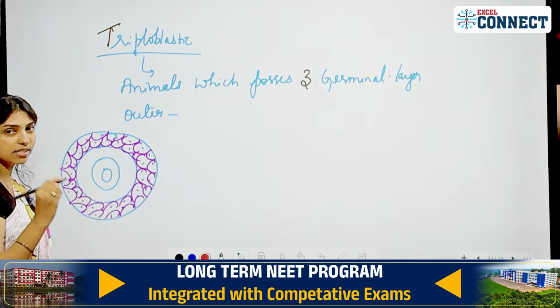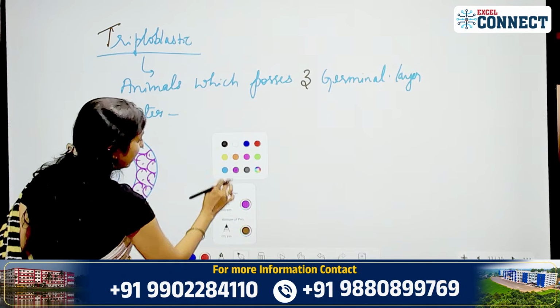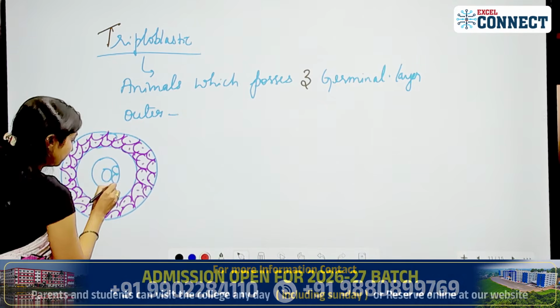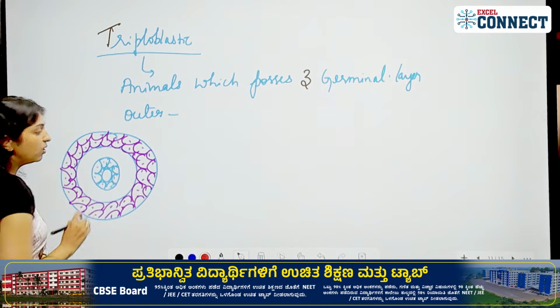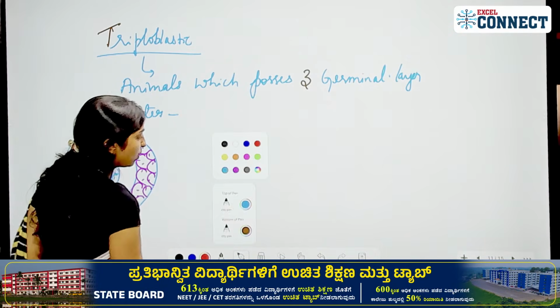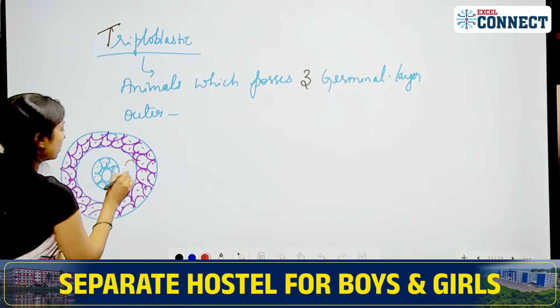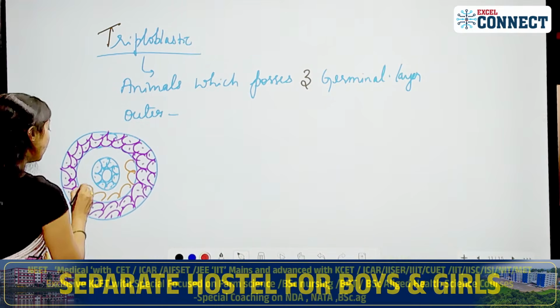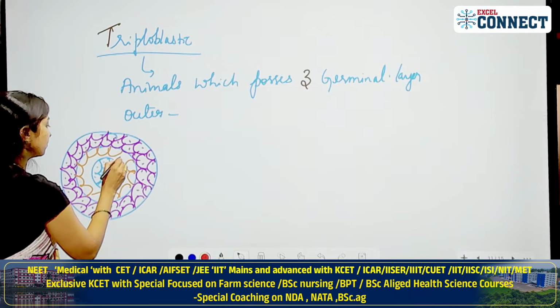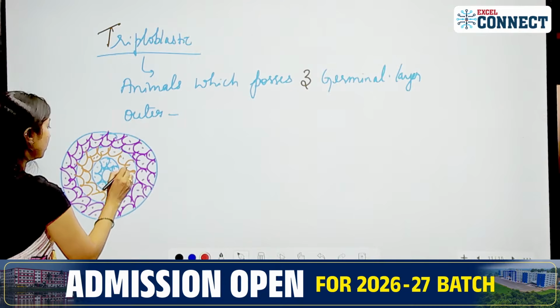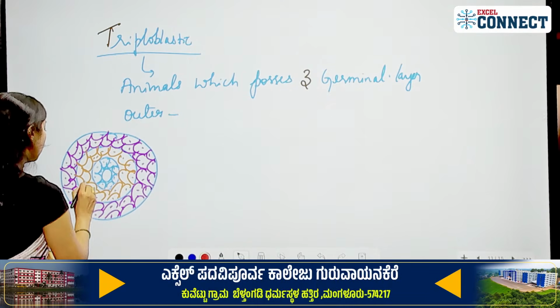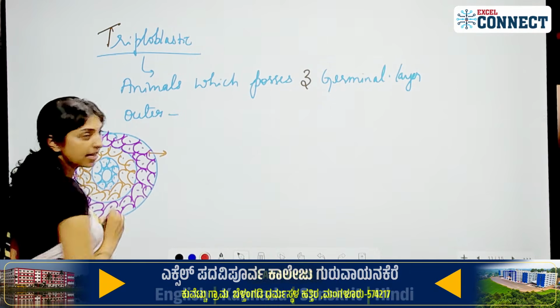And in the same way, we also have the inner layer, endoderm. There was no cellular layer in between, but in triploblastic animals, in the middle also they have one more layer, a cellular layer. So you already know the 2 layers. Outer. Yes, tell me which is this layer?